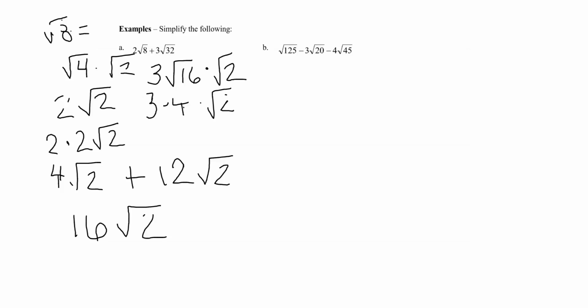All right, B. This time we have 3 radicals that we have to see if we can simplify. Here, the square root of 125, not a perfect square. But we did this earlier. I know that I can do 25 times 5.